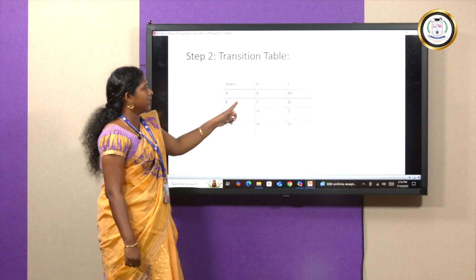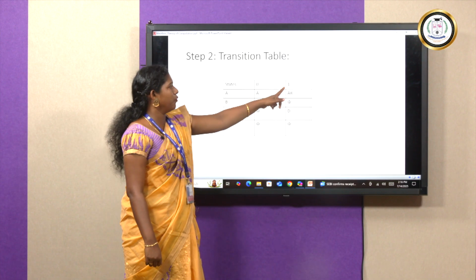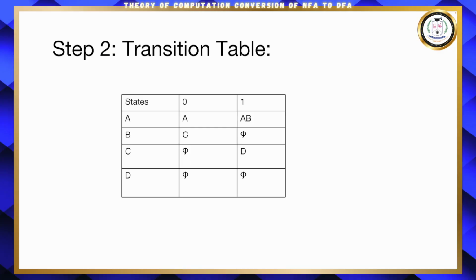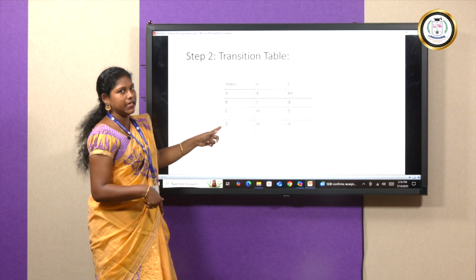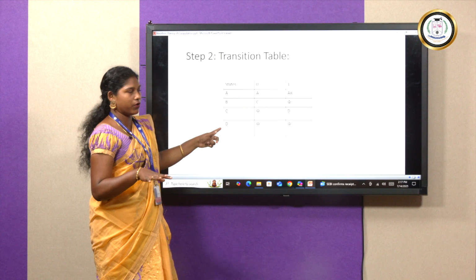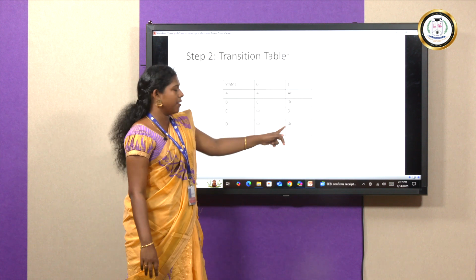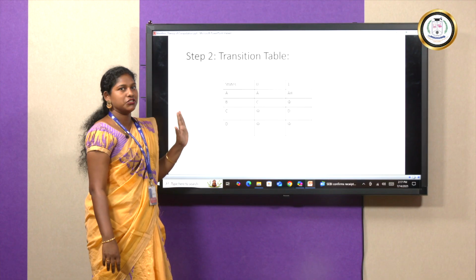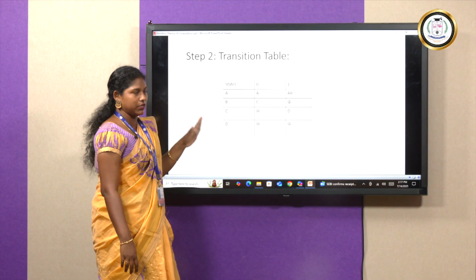From B, on 0 it goes to C, and on 1 there is no transition, so empty. From C, there is no transition for 0, and for 1 it goes to D. And the final state is D here. From D there are no inputs passing to any states, so I have given empty and empty. This is how you have to draw the transition table from the diagram you designed already.